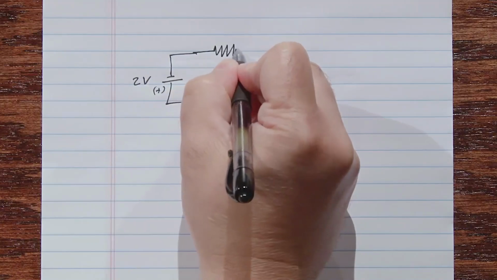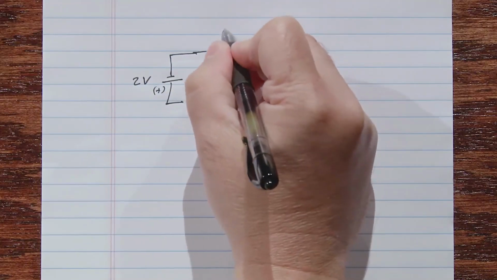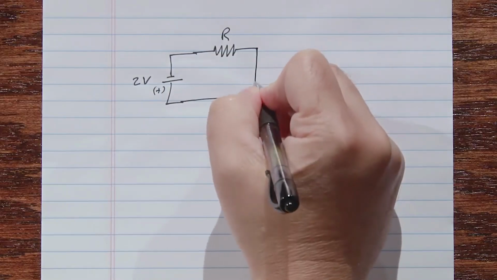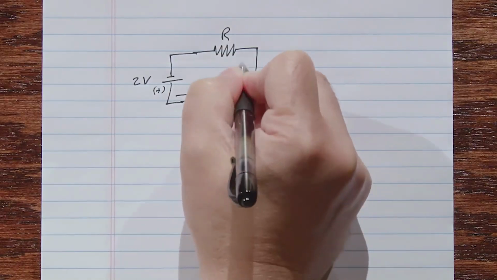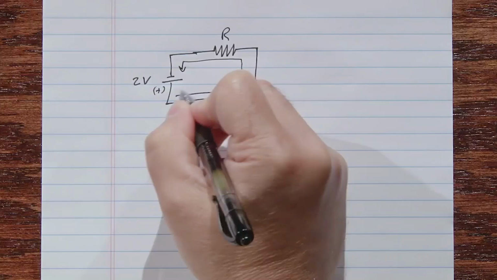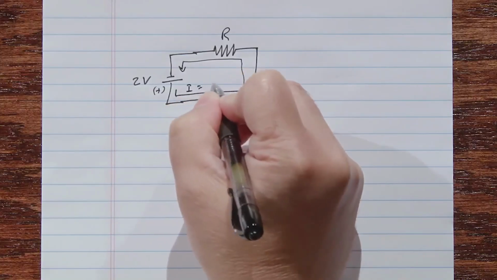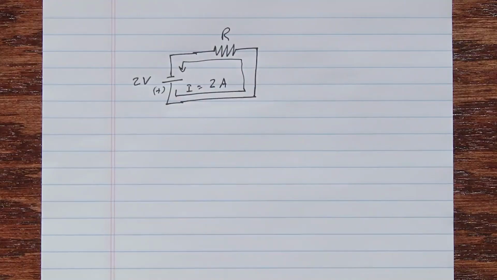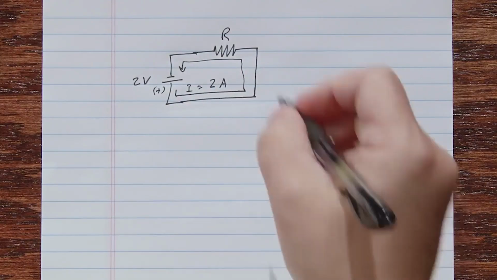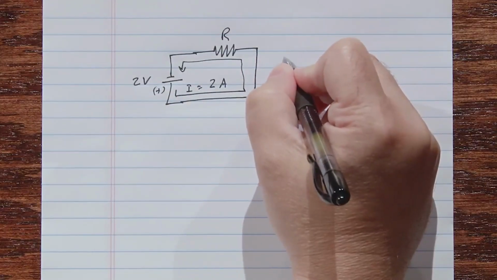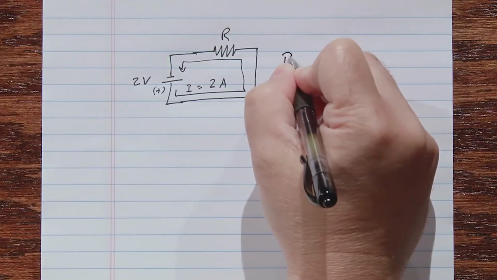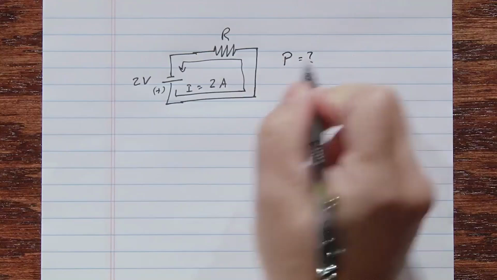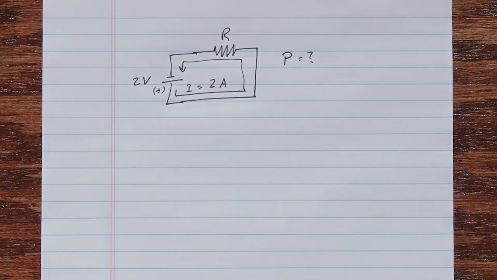We have a resistor, R, and we are told that the current in the circuit, I, is equal to 2 amperes, and we are asked for the power that is dissipated by the resistor. So that's what we're looking for.